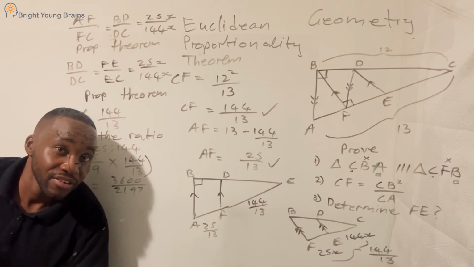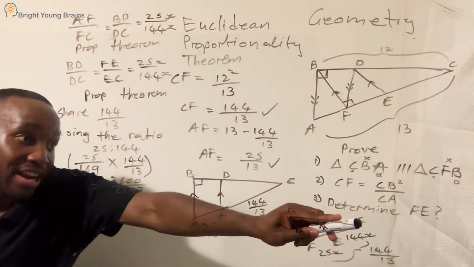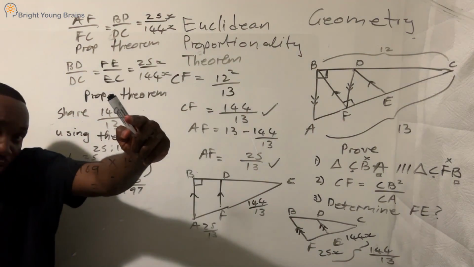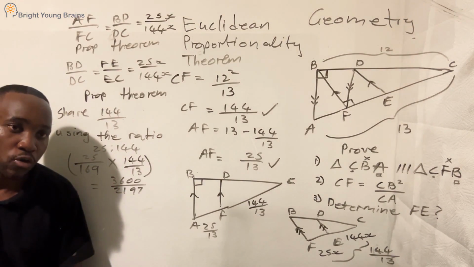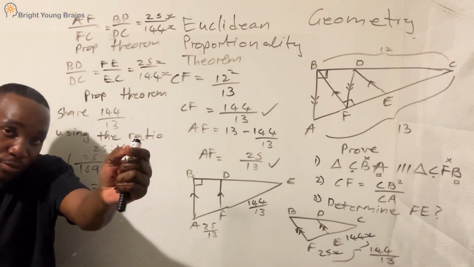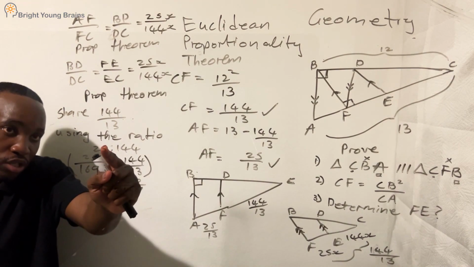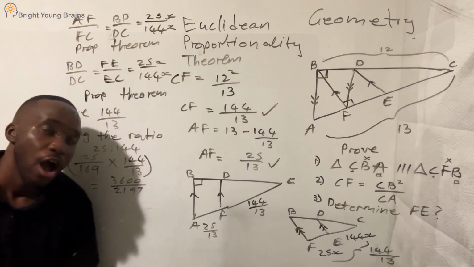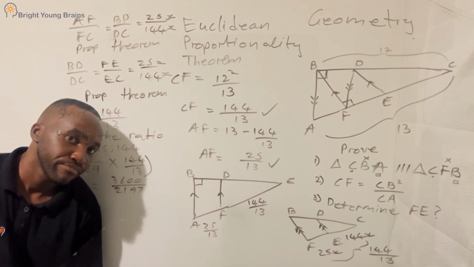Remember, we had the entire length of FC, which is 144 over 13. We want to share it using the ratio 25 to 144. So you add up your two numbers to get 169, then say 25 over 169 multiplied by 144 over 13, and you get your answer.